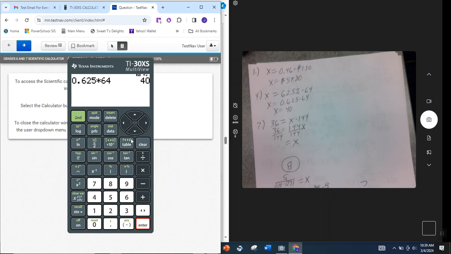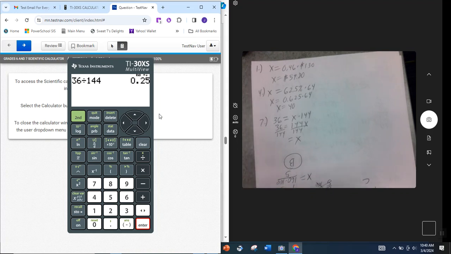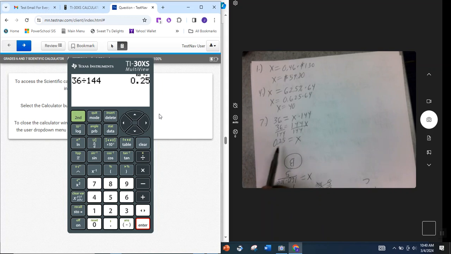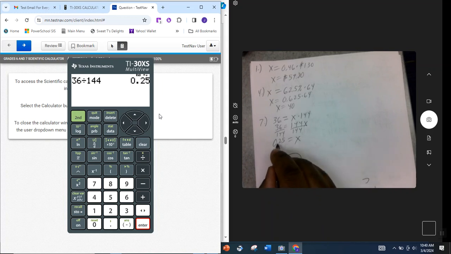So now we put this in our calculator. 36 divided by 144. Press enter. That gave us 0.25. Now remember, they asked us what percent in the problem. So we know we have to move this decimal 2 places to the right. So it'd be 25% is equal to x.